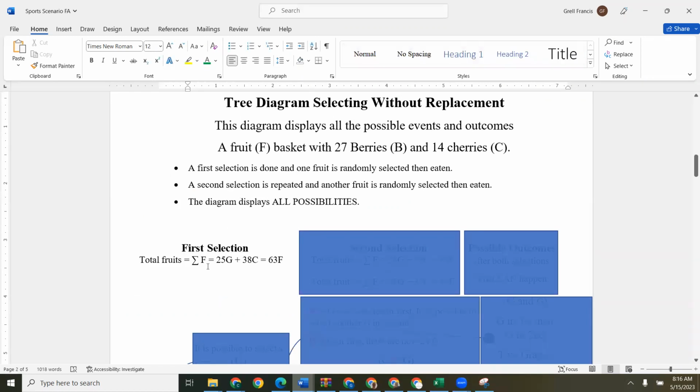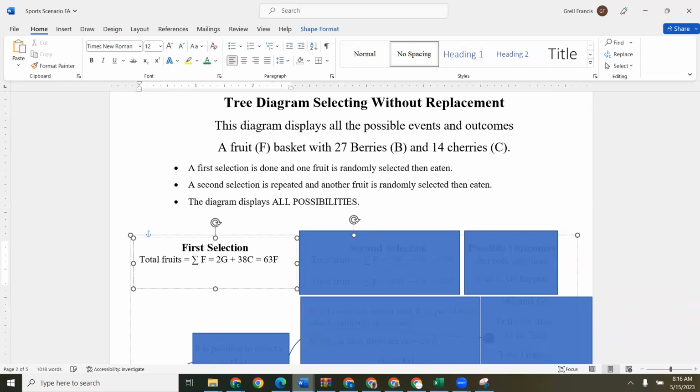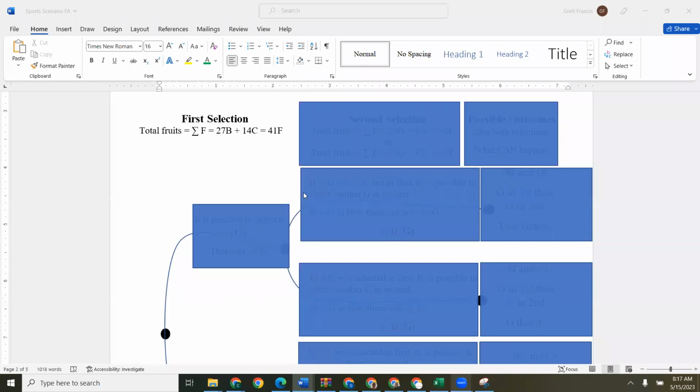So in the first selection, the total number of fruits are 27 berries and 14 cherries. So in the first selection, there are 41 fruits in all.